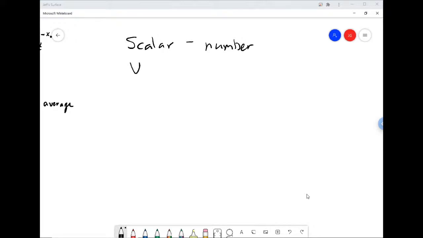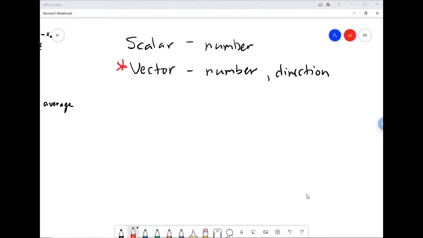A vector quantity is a number plus a direction. All right, so we're going to focus on this concept for a while.